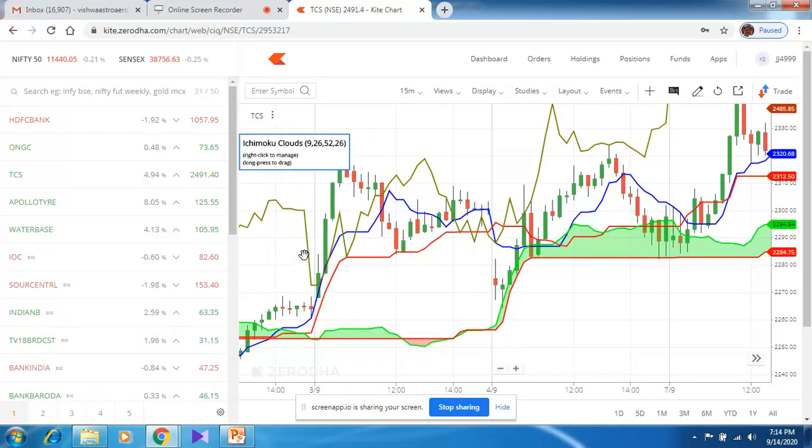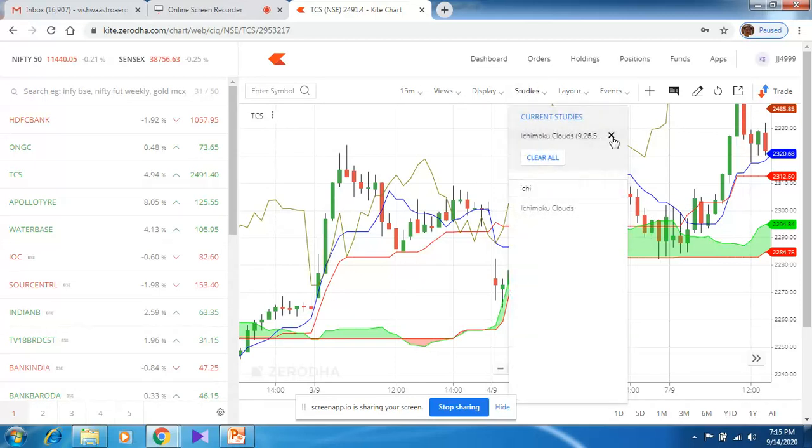So that means this is the 26th candle position with respect to the progressive candle, isn't it? So this is about Ichimoku clouds, as simple as that. So after this, let's see about the Heikin-Ashi indicator.